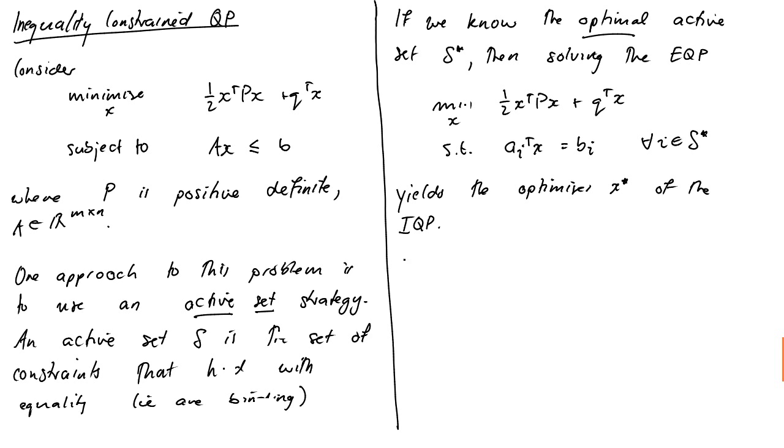So, first thing we need to know, how do we know if we have S star? Okay, so before we can go about trying to find this thing, we need some kind of test to tell us whether we've got the optimal active set or not.